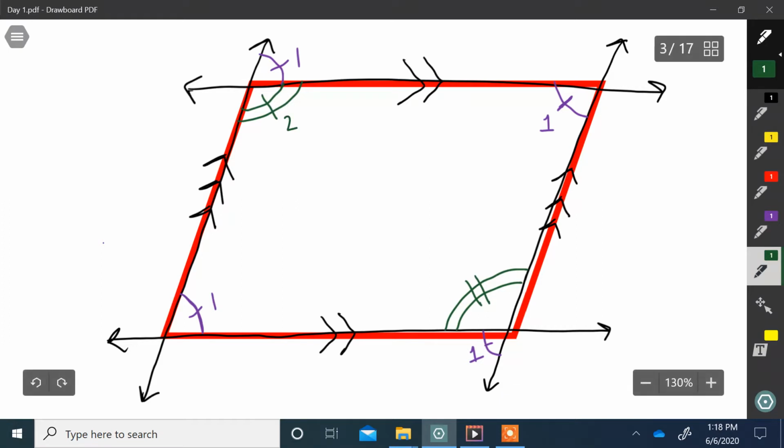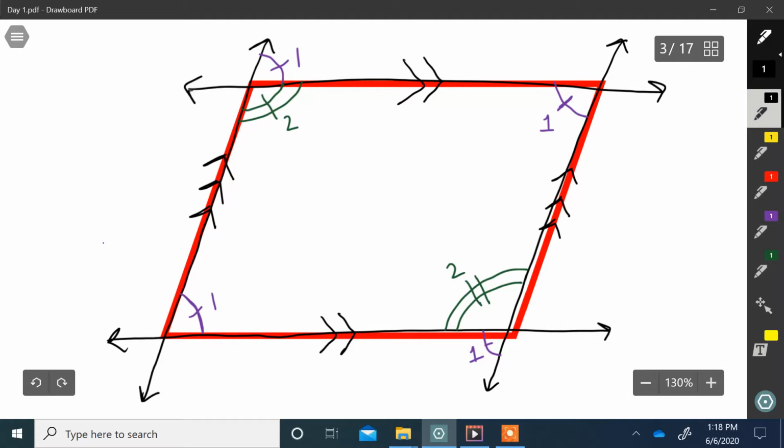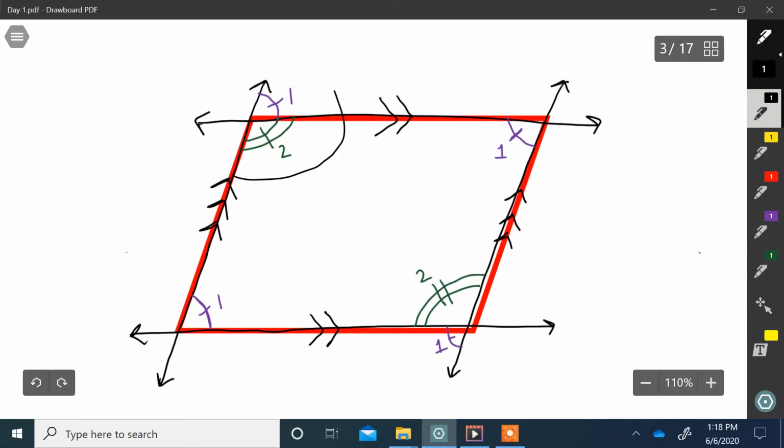Okay, so if we call it this 2 and this 2. I want you to notice something in here that is very important that you have to realize. What I want you to realize is that angle 1 and angle 2 are supplementary angles, that means that they add up to 180 degrees.